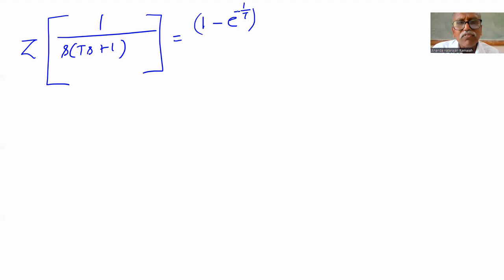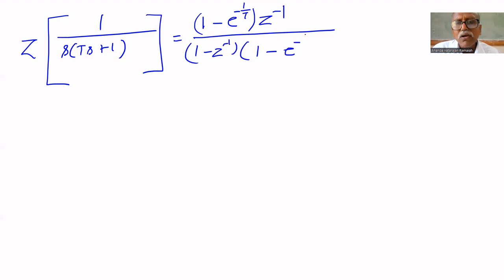Here sampling period equal to 1. Therefore, e power minus 1 by tau z power minus 1 upon 1 minus z power minus 1 multiplied by 1 minus e power minus t by tau z power minus 1. This is the formula.